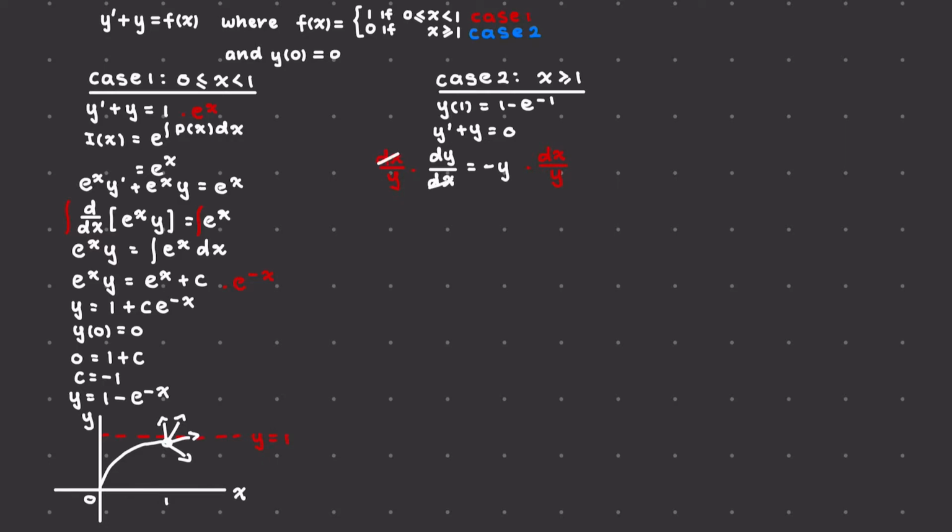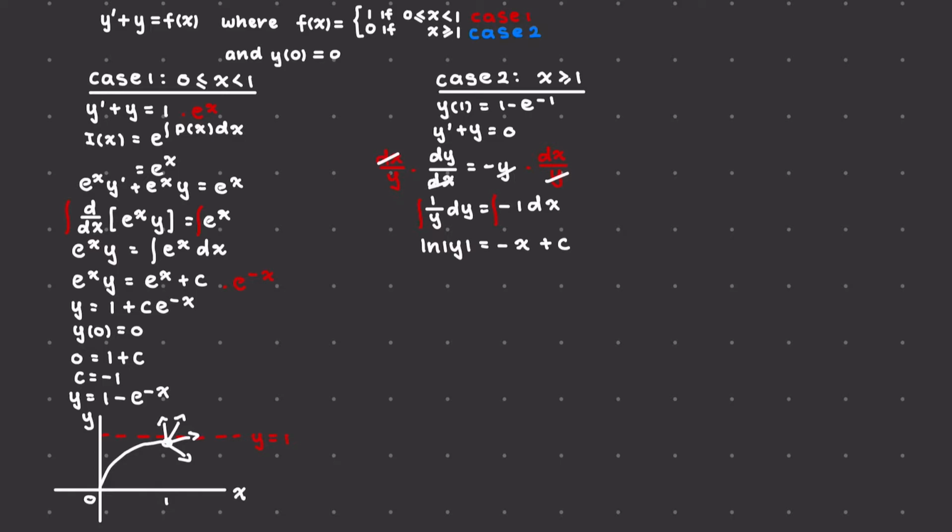So we can cross out the dx and we can cross out the y, and on the left hand side we will just get 1 over y dy equals negative 1 dx. And integrating both sides here, we will get on the left hand side natural log of y, or ln y, equals negative x plus c.